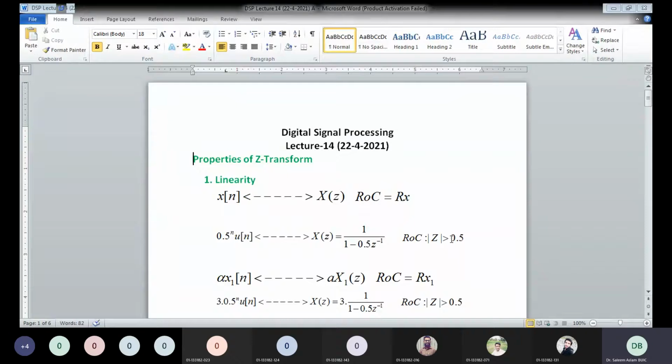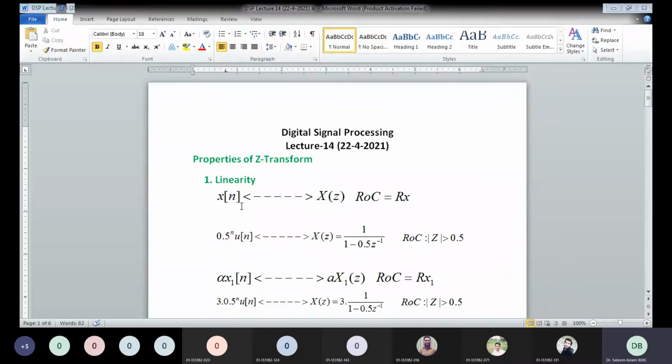So the only distinguishable thing is the region of convergence. That's why whenever you see the properties of the Z transform anywhere in your book or on the internet, you will find the region of convergence along with the Z transform expression.